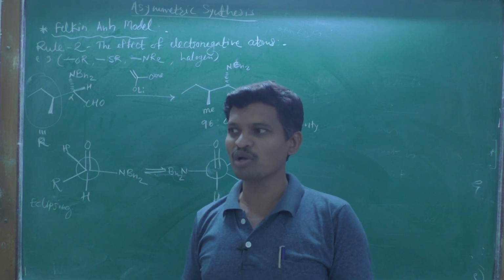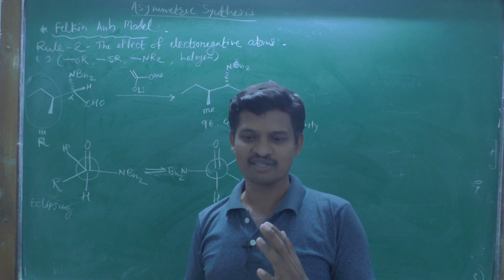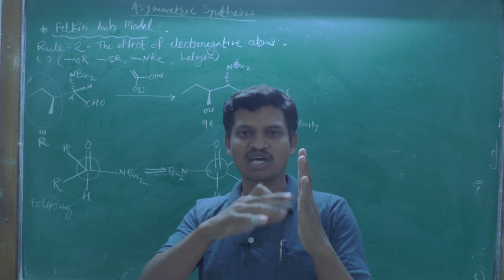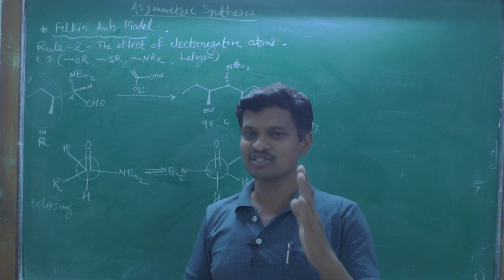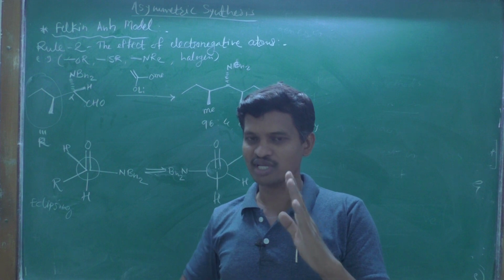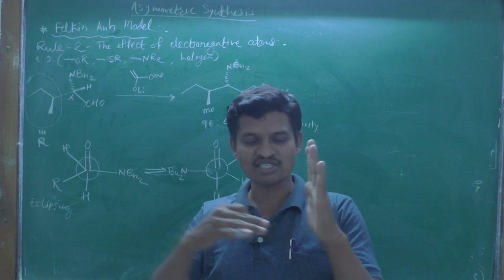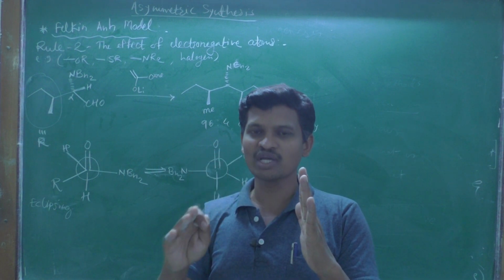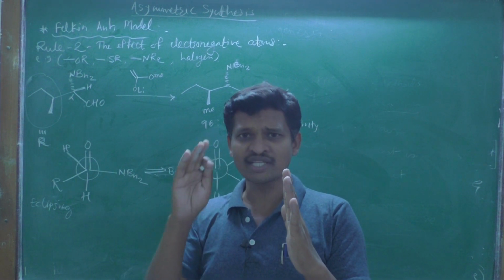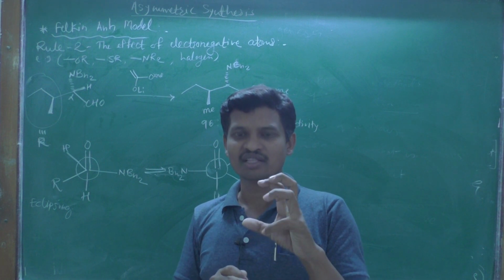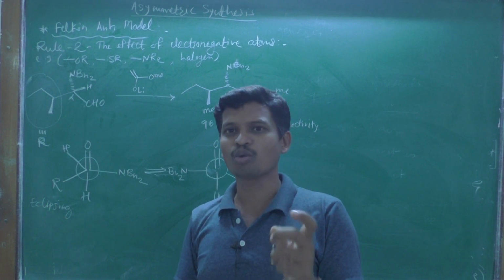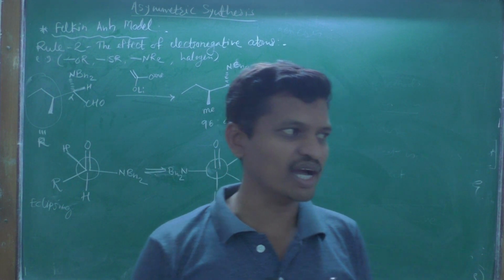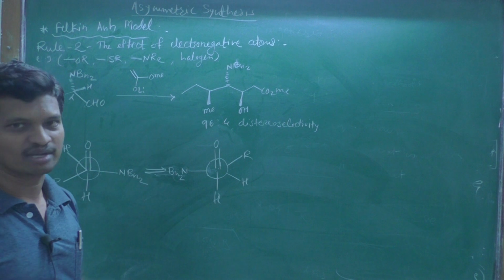In a normal Felkin model, we have seen that the larger group is kept at the perpendicular position to this carbon oxygen double bond. Yesterday we have seen two to three examples in which we have taken that larger group at the perpendicular position to this carbonyl group. Treat the electronegative atom or group in the same way that we treated the larger group in the first normal or general Felkin model. This is the basic idea regarding the effect of electronegative atoms.